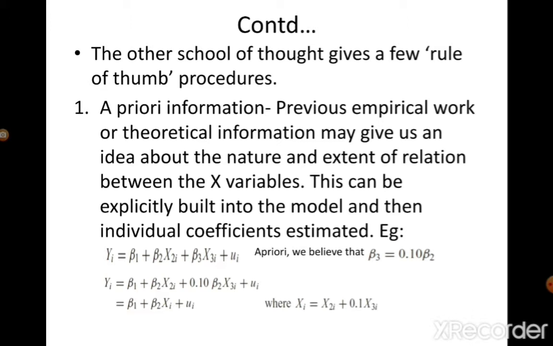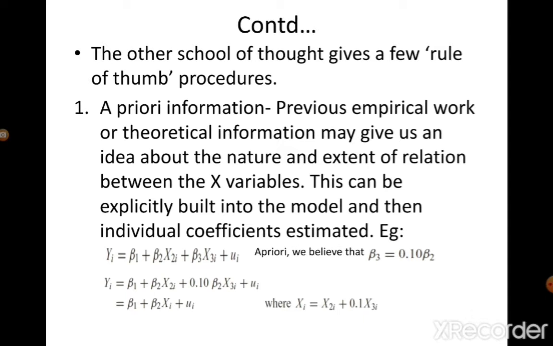So it is possible that previous empirical work or maybe theoretical deductions have given us information which helps us have an idea about the nature and the extent of the relationship between the x variables. Now, if you have such information, you can explicitly build it into the model, and then using that relationship between the x variables, you can identify or calculate the individual coefficients.